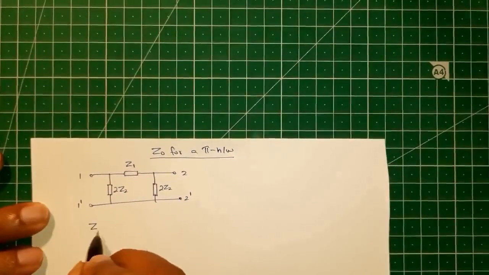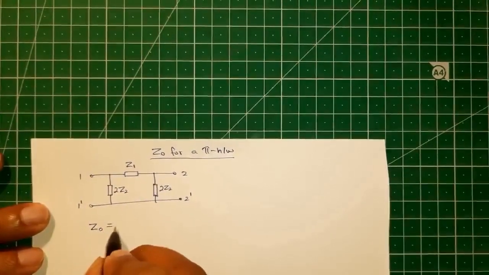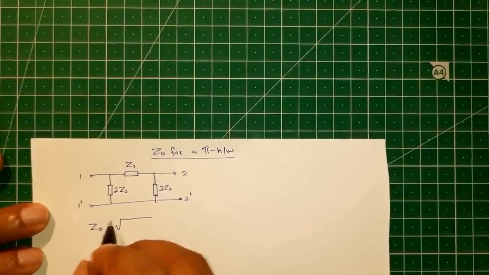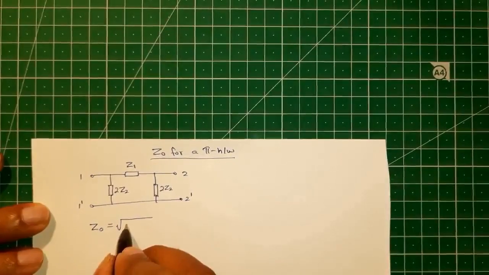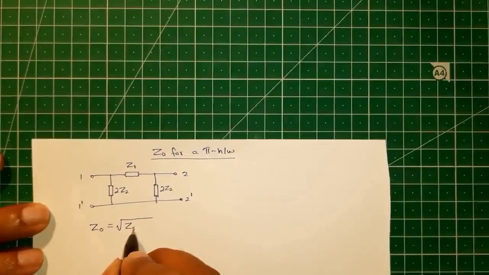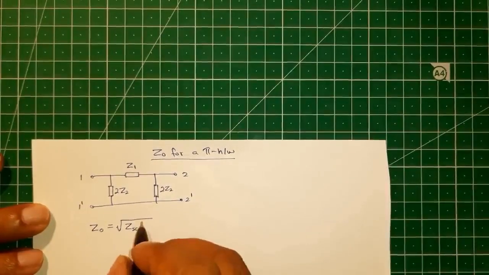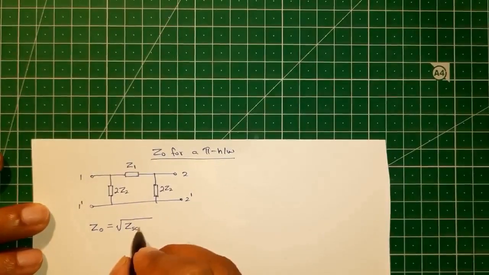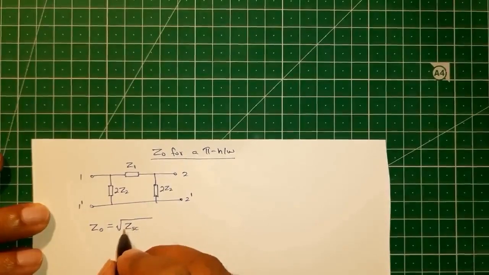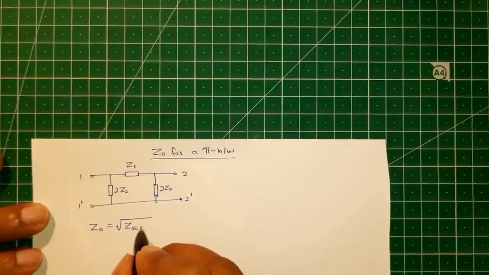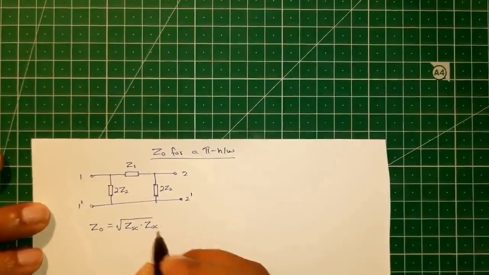Again we use the same formula, that is the characteristic impedance is equal to the square root of the product of the short circuit impedance and the open circuit impedance.